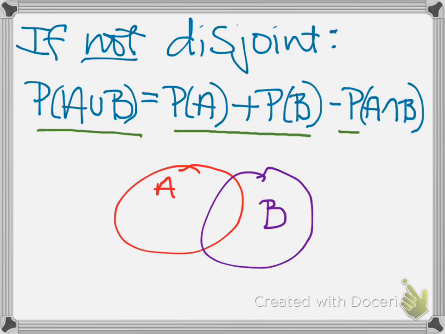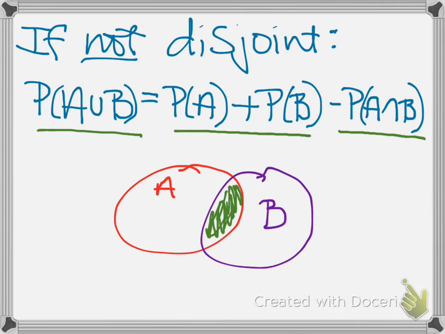However, the adjustment occurs here at the end of the statement where it says that we have to subtract the probability that event A and event B occurs, which in our Venn diagram, of course, is this area here where the two overlap. Now let's think a little bit about why it is that we need to subtract the probability of the intersection of our two events.